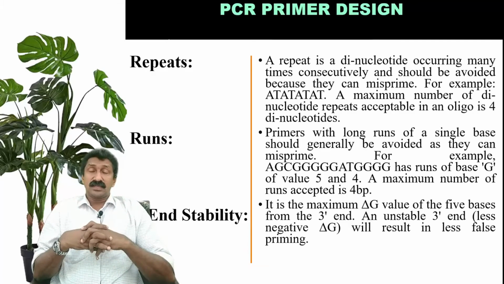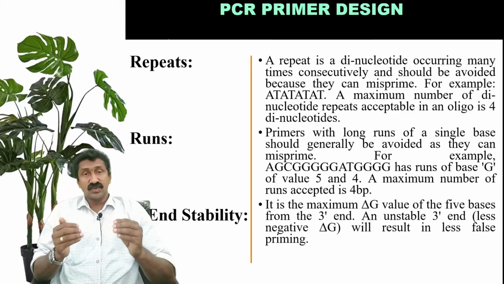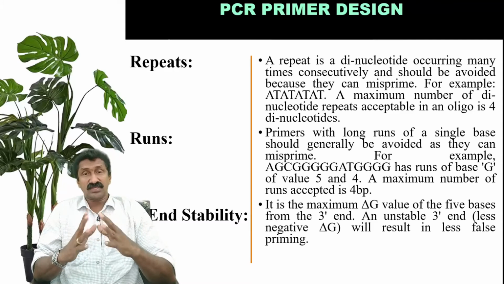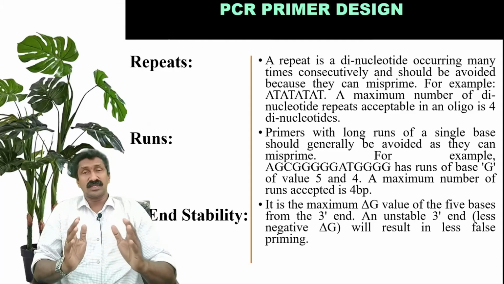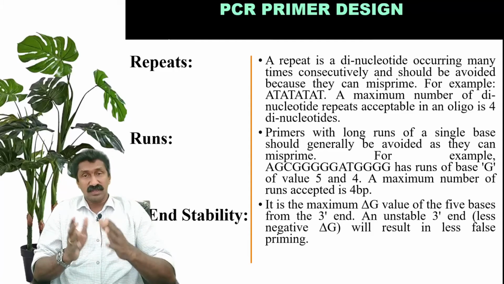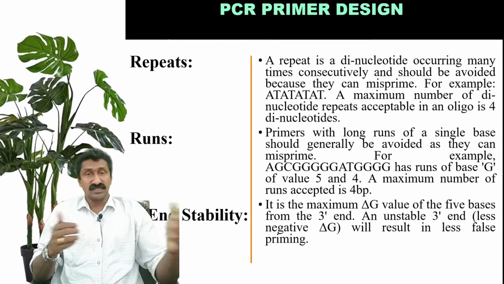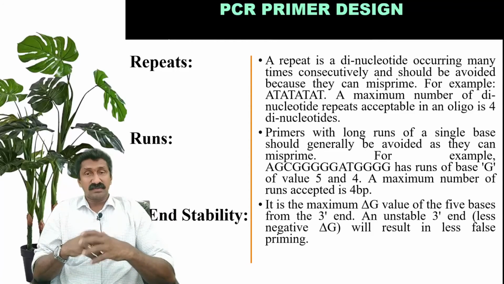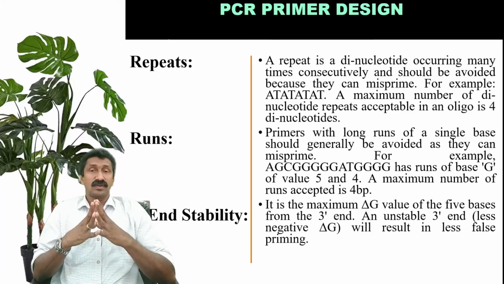Another factor is repeats. A repeat is a dinucleotide occurring many times consecutively and should be avoided because it can cause mispriming. For example, AT, AT, AT, AT, a dinucleotide unit repeating many times. The maximum number of dinucleotide repeats acceptable in a primer is 4.